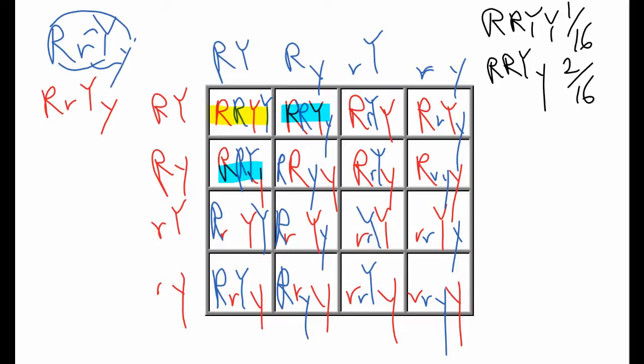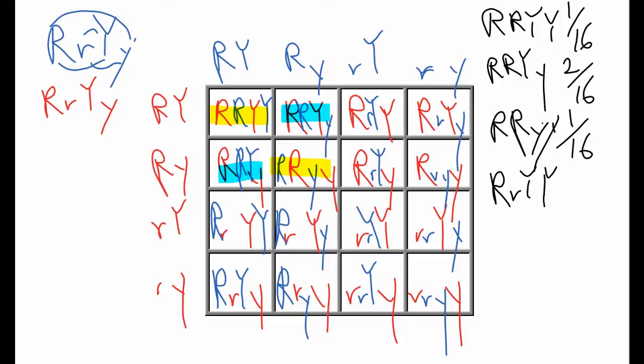The next one we have is homozygous dominant and homozygous recessive. There is only 1 that looks like that, so that's 1 out of 16. Then you have heterozygous for seed shape and homozygous dominant for seed color.